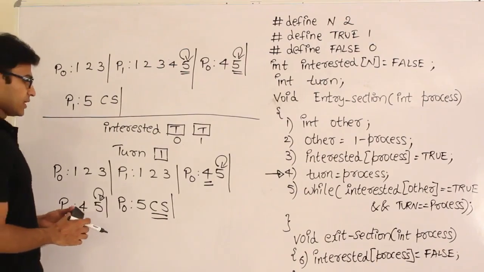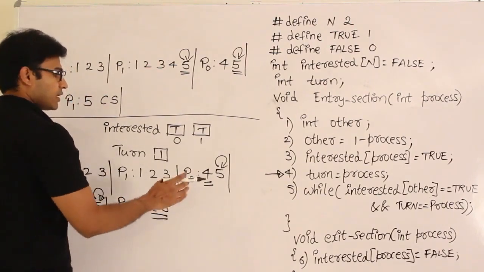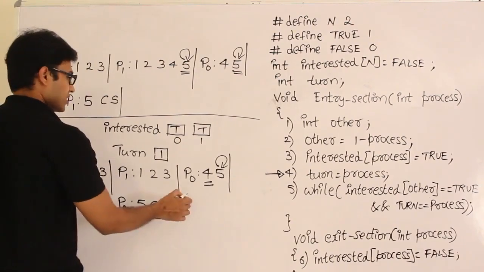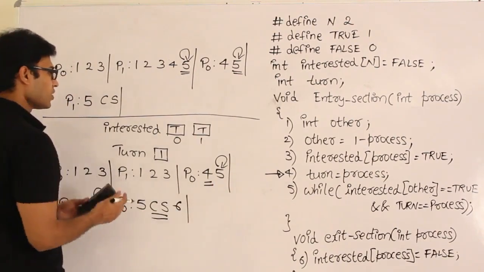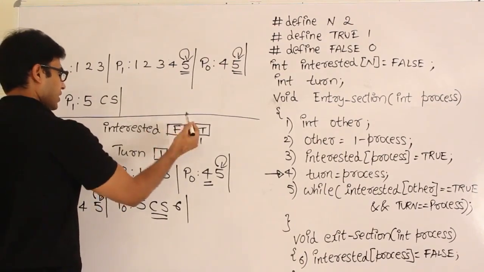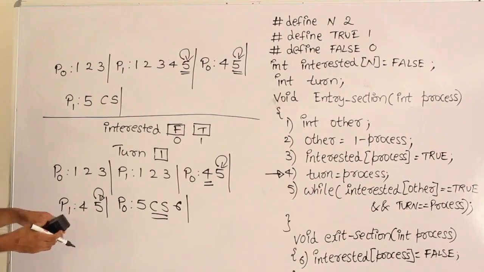Then what happens? Assume that P0 is in the critical section and then it came out and entered the exit section, line 6, which means it is showing that its interest is false. So once it makes its interest false, definitely the other one will get the chance, right? So now check it.